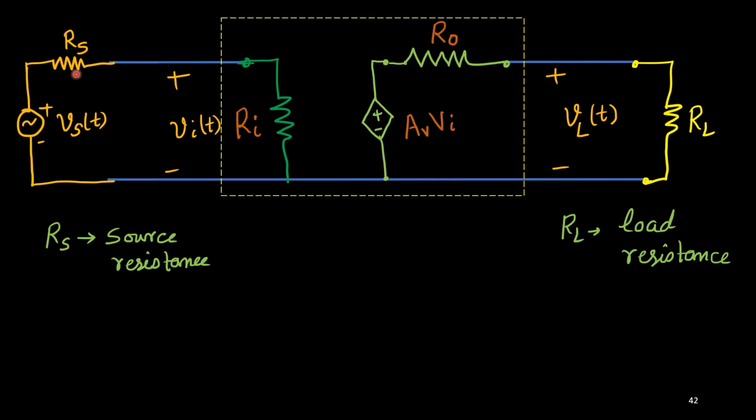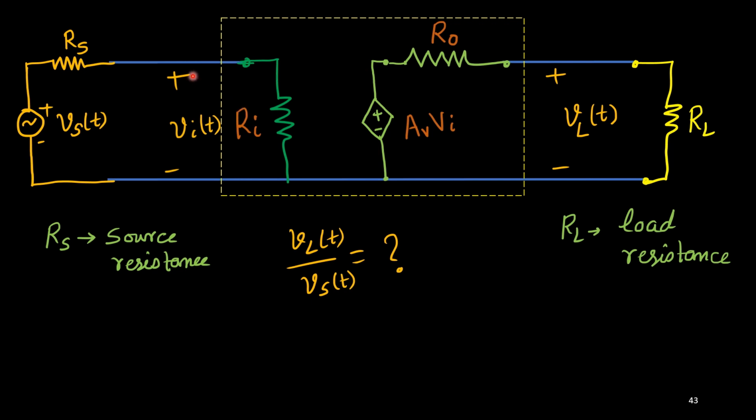Now whenever the source resistance and load resistance are connected, we are interested to find out the overall gain. Consider the voltage across RL as VL. This VL upon VS, the actual source voltage, is the overall voltage gain, and that is what we want to find out.